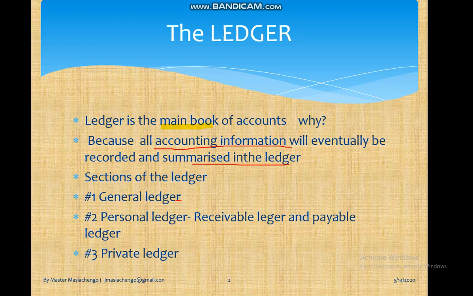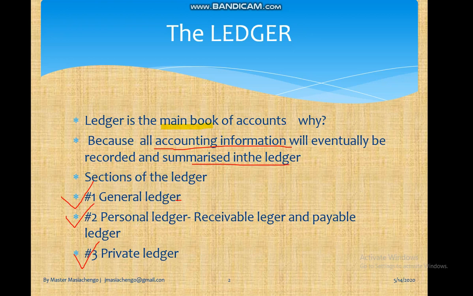Then we've got the sections of the ledger. The ledger is divided into three main sections. Section number 1, the general ledger. Section number 2, the personal ledger. Section number 3, the private ledger.